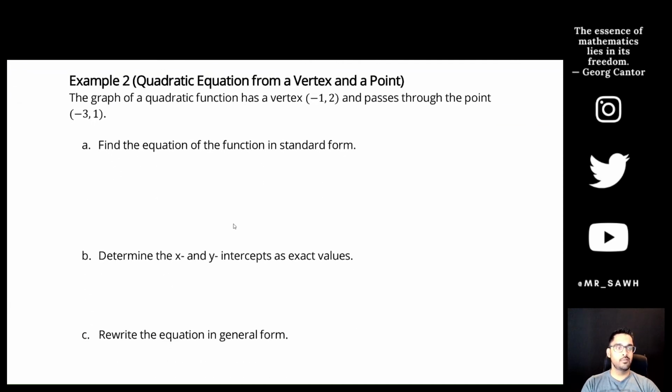So let's go see if we can find an equation if we're just given some information. I'm told here that I'm going to look for the equation in standard form, and I know that the vertex has coordinates negative 1 and 2, and it passes through the point 3, 1.